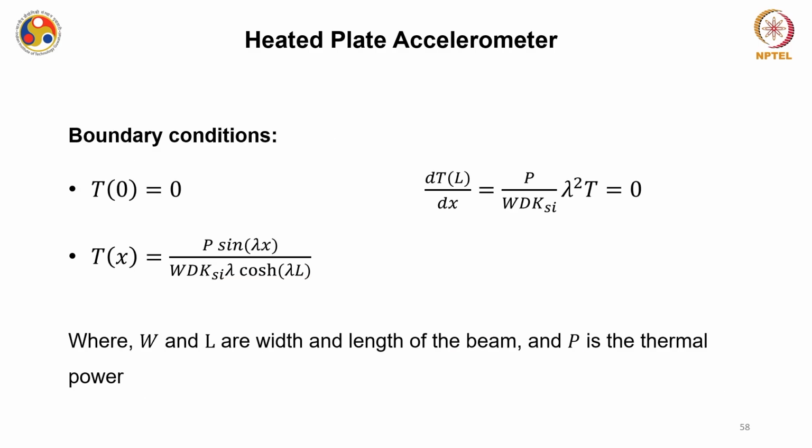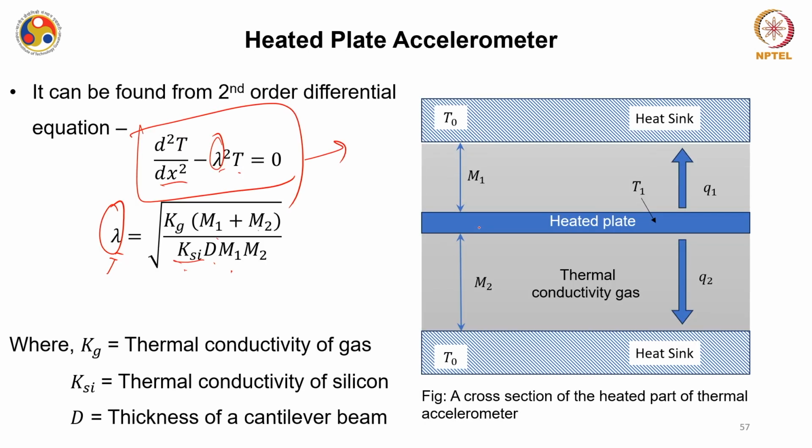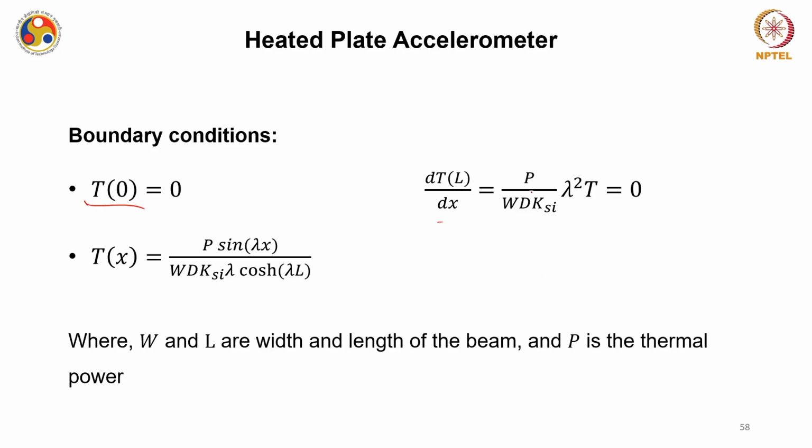Now the boundary conditions are T at 0 is equal to 0, and dT by dx, which you can easily find by differentiating this, is equal to P by W d ksi, where ksi is the thermal conductivity of silicon, into lambda squared T. Now if I equate it to 0, I can easily find T(x) as P sinh(lambda x) by W d ksi lambda cosh(lambda L), where W and L are the width and length of the beam and P is the thermal power.